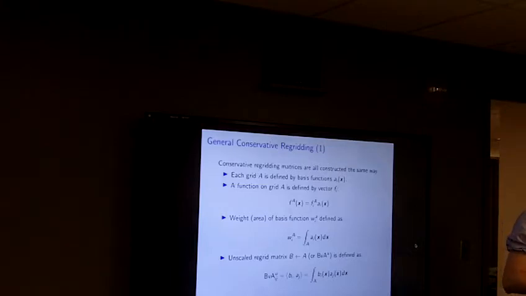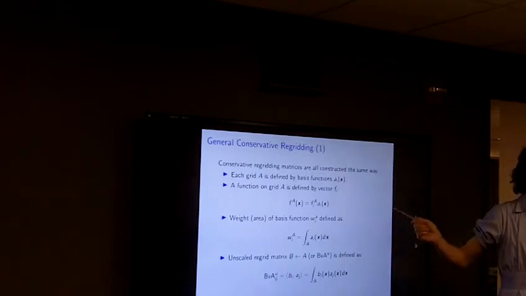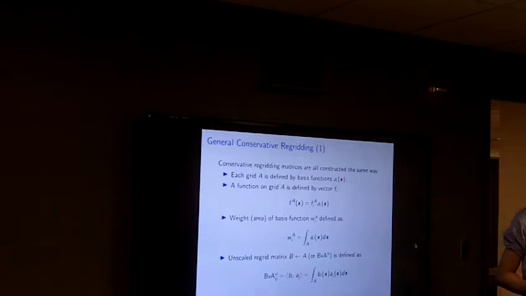There's only one way, and every regridding paper I've seen, every regridding method I've seen, either does this way, or they're wrong. Being wrong, I mean like inconsistent, like they don't conserve, or they're not consistent between different grids. And so here's how it is.